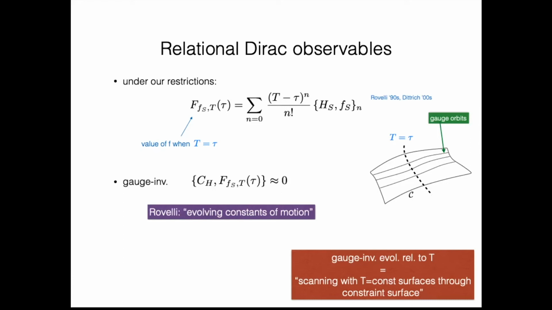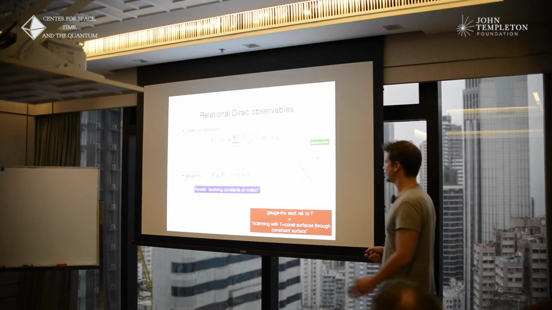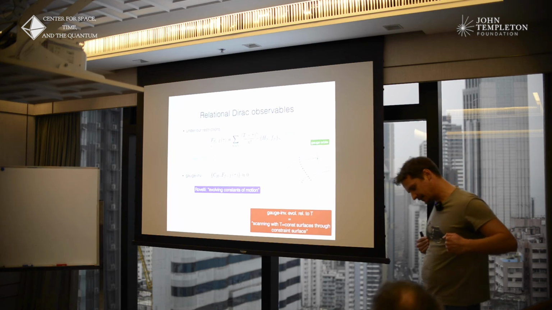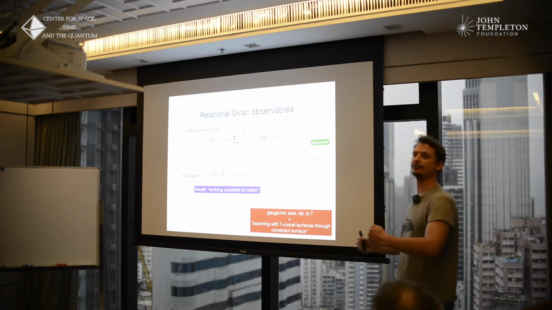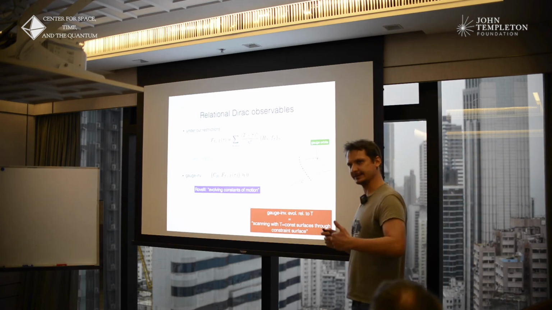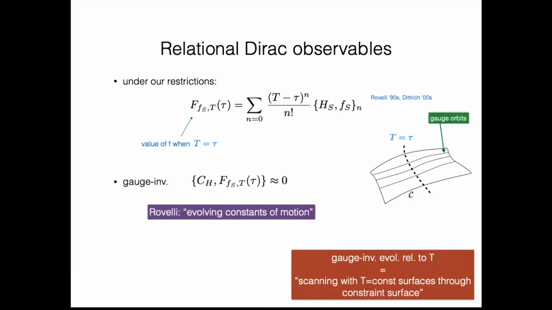So in a way, it is a constant of motion, but there's a notion of evolution left in it because that parameter tau can run now. Okay, so tau is now just a parameter. It's not a dynamical degree of freedom, and this is why Carlo called that evolving constants of motion. And you can think of the gauge invariant dynamics here as basically taking that t equals tau surface and scanning through your constraint surface, and then always looking at what the values of the functions of interest are on these different hypersurfaces.